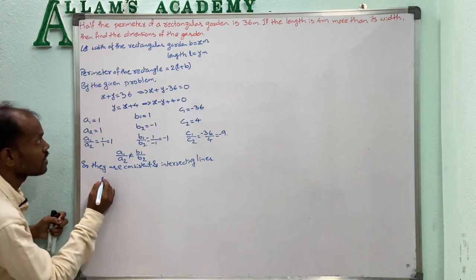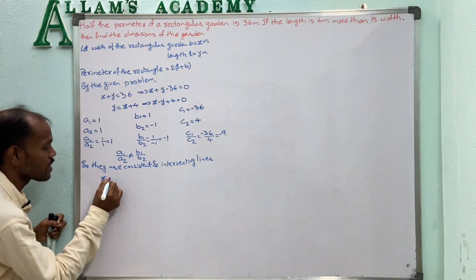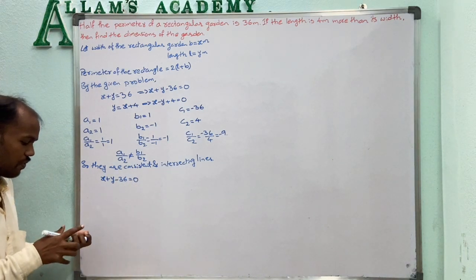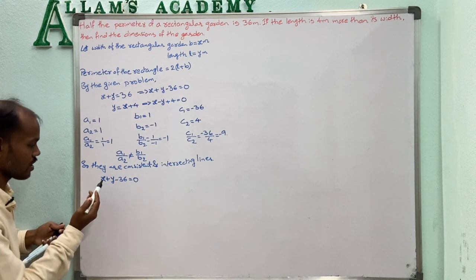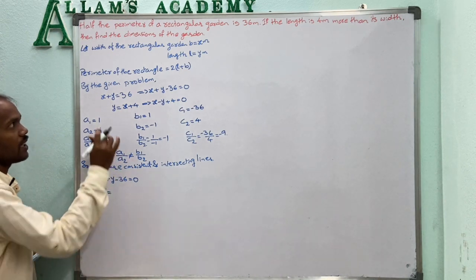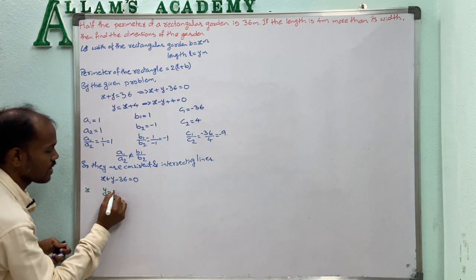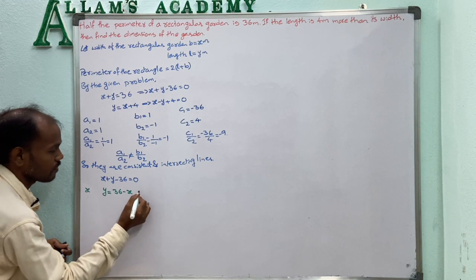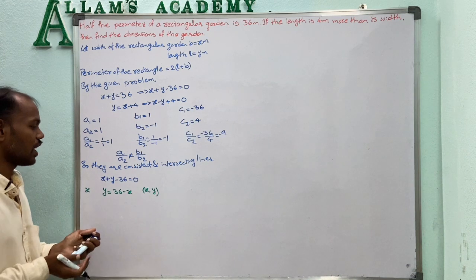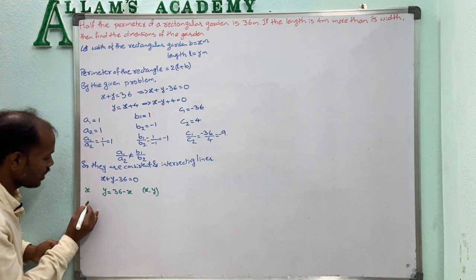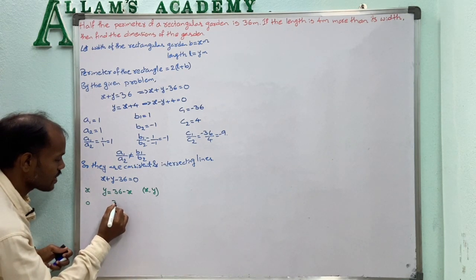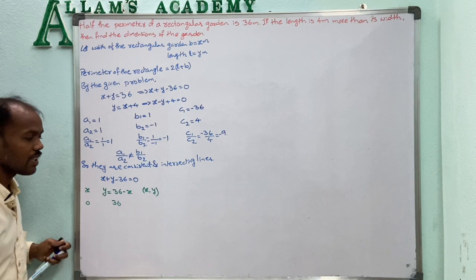For that purpose, take the first equation x plus y minus 36 equal to 0. For different x values we get different y values. So y equals 36 minus x. If we substitute x as 0, then y is 36.